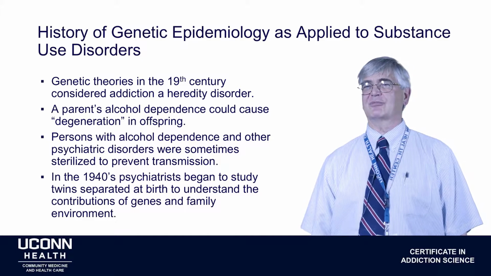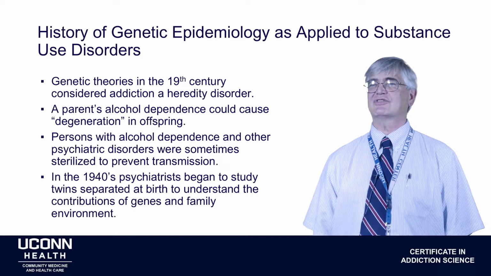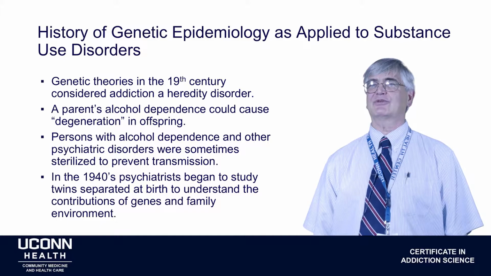If there was an environmental effect and we placed that individual in a good home, one in which there was no alcohol problems or other psychiatric conditions, we would then expect that the risk would be significantly reduced.